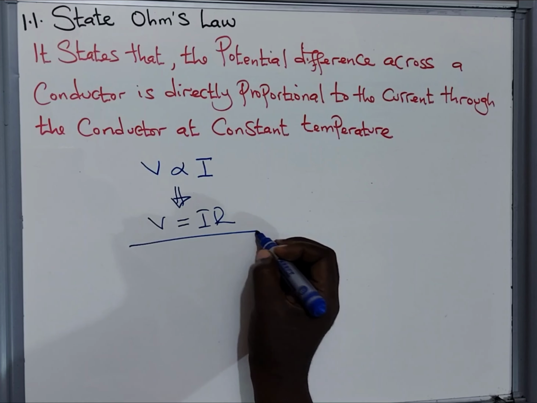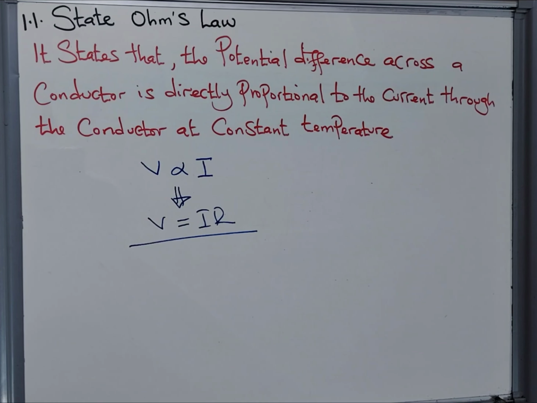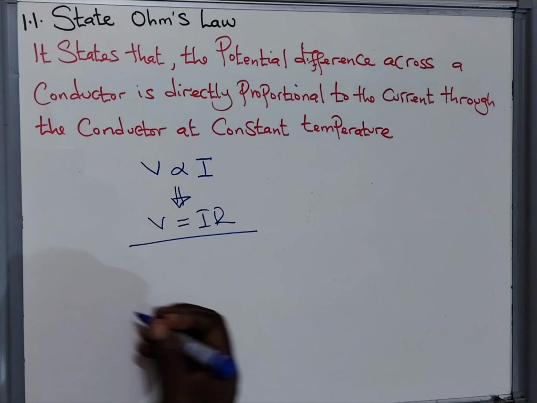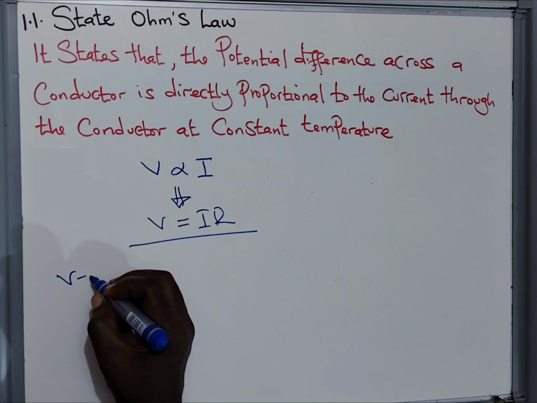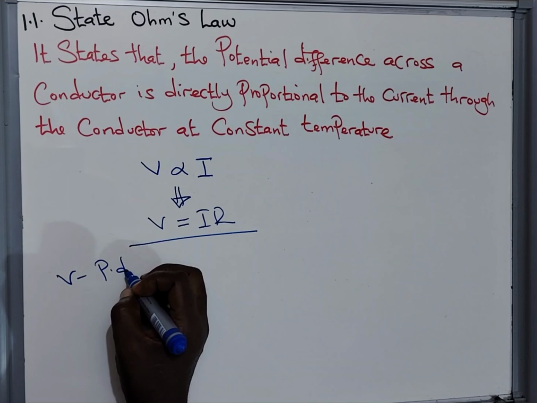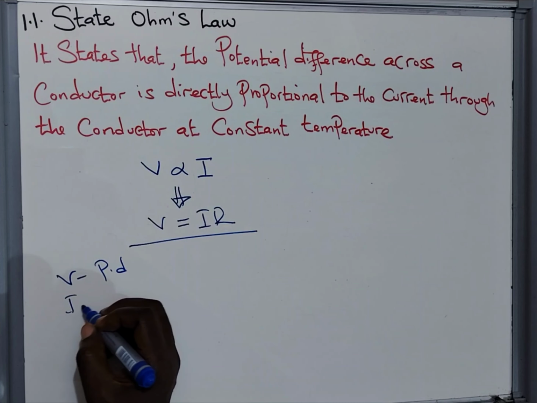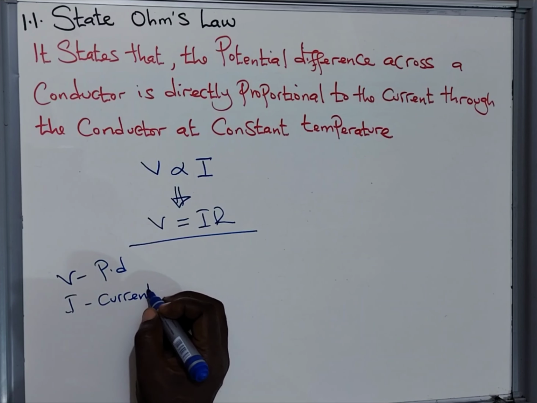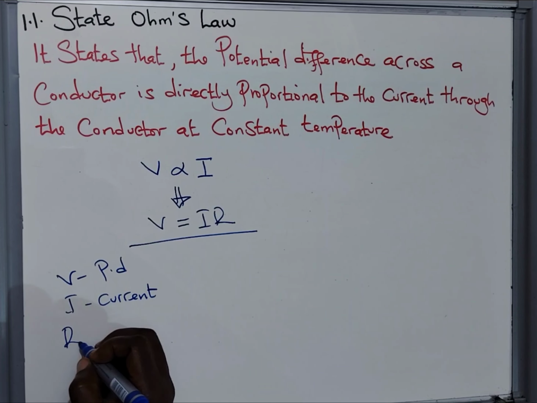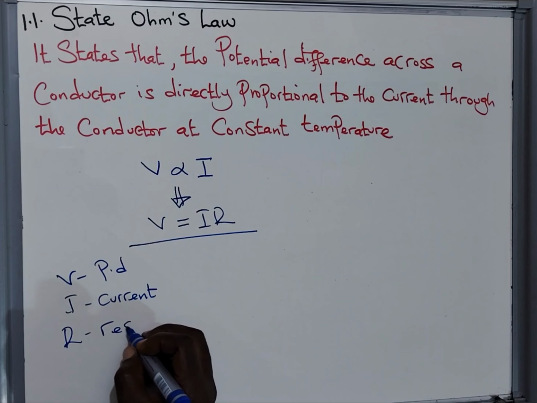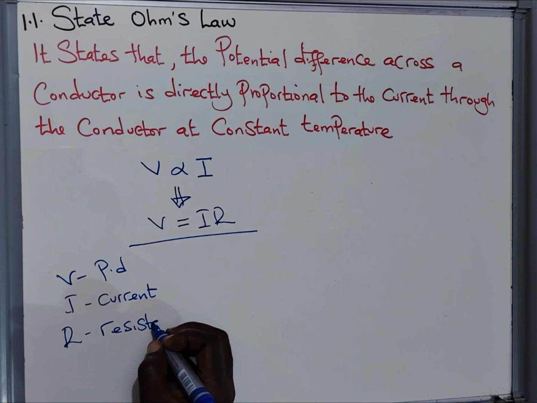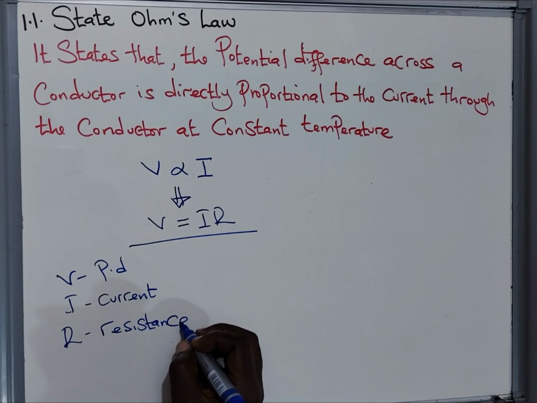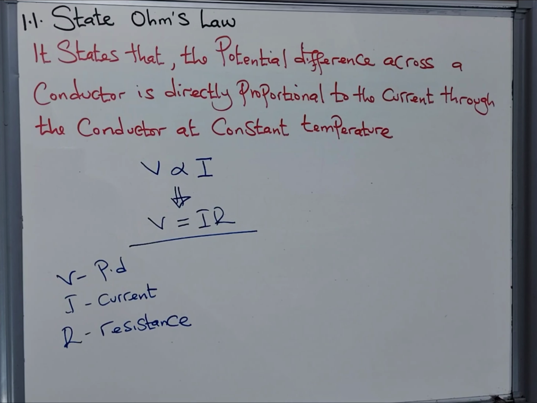And what you have here is what we call Ohm's law in the form of an equation, where V stands for potential difference, I is the current going through the conductor, and R is the resistance of the conductor concerned.